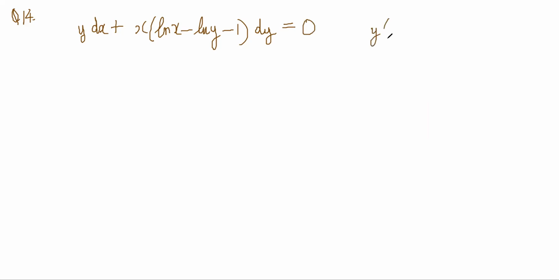Initial value problem is there, and the question is y dx plus x (ln x minus ln y minus 1) dy is equal to 0, and y of 1 is equal to e. This is the problem. Now first we should check the exactness.